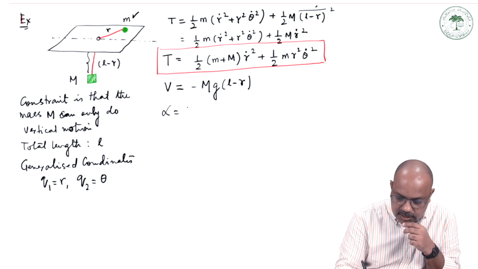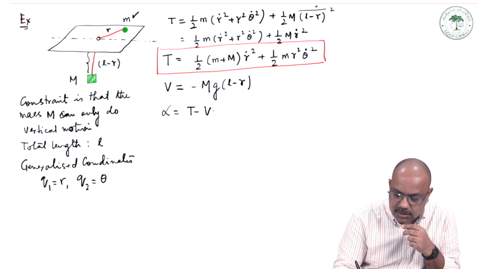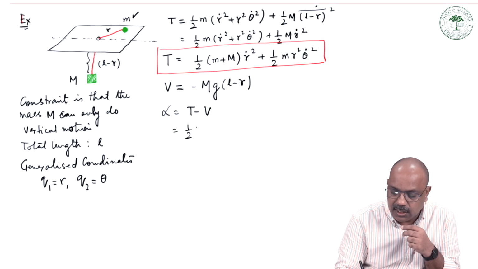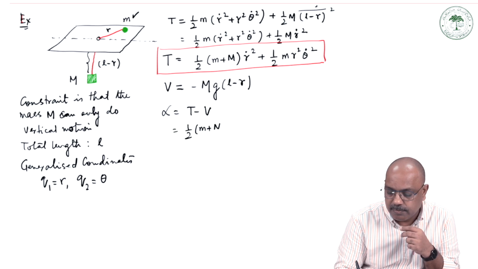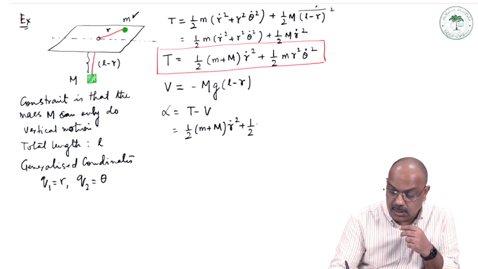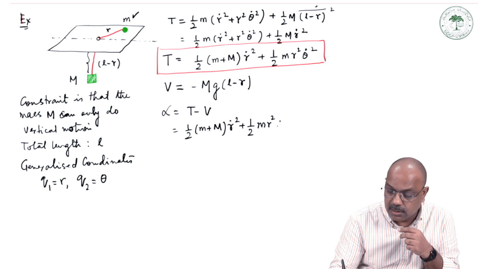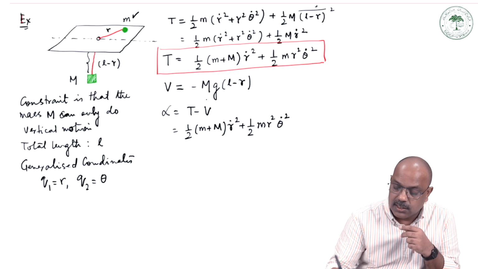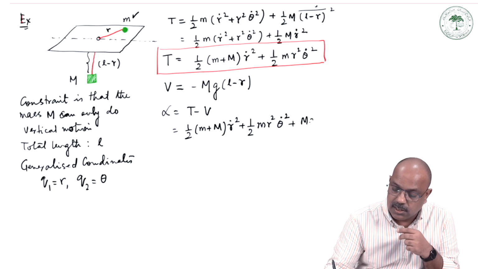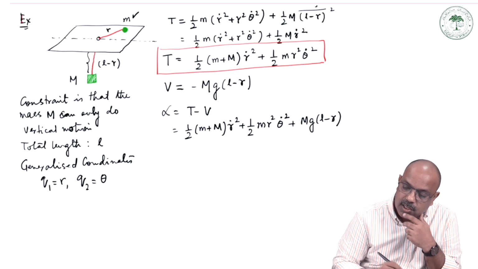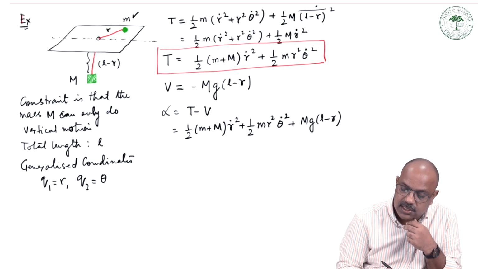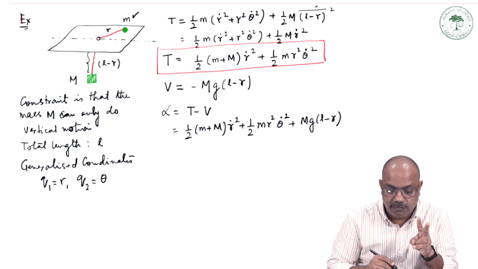T minus V is half (m plus M) r dot square plus half m r square theta dot square plus M g (L minus r).